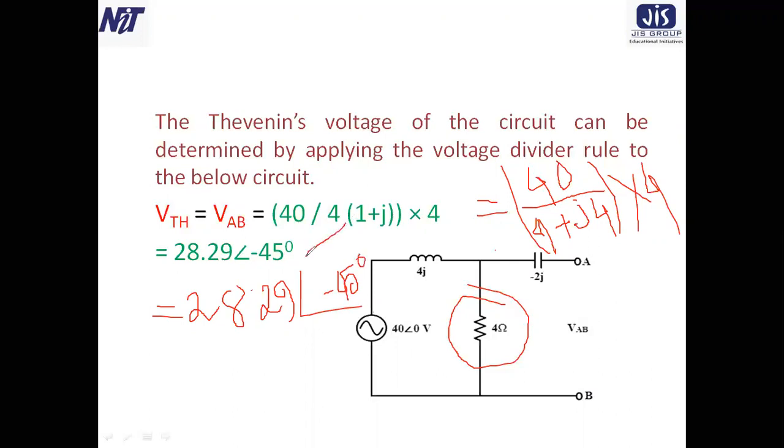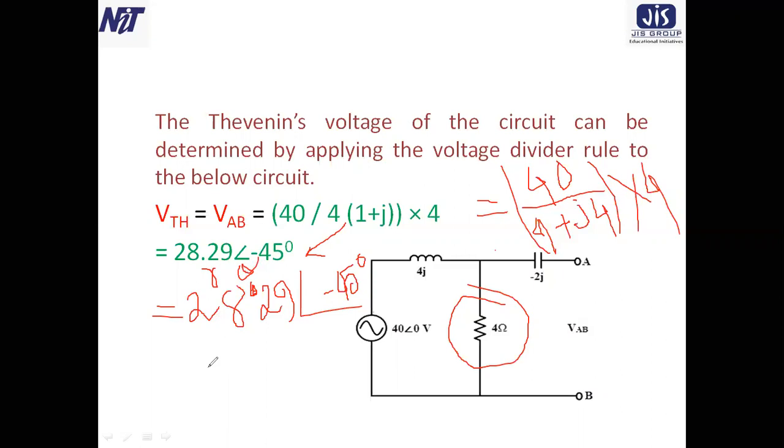So here we convert it from Cartesian to polar form, x plus jy to polar form. I also made a lecture on this topic. Please first go through that, then it will be easier for you to understand the calculation. Do you know how to convert from x plus jy to r theta, the polar form?